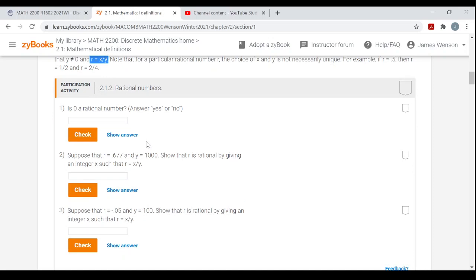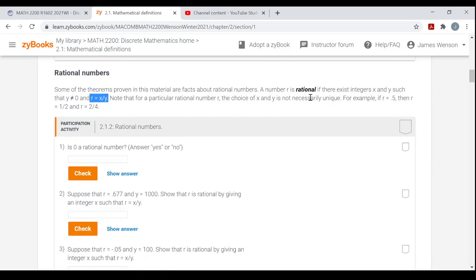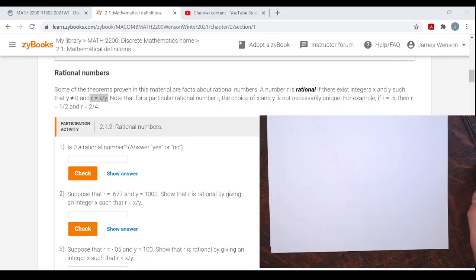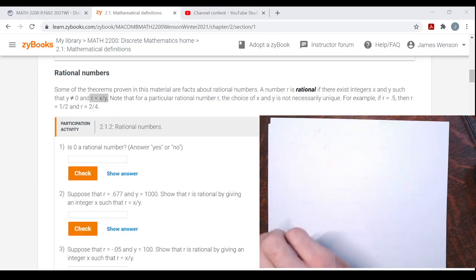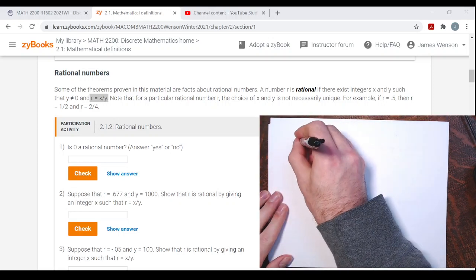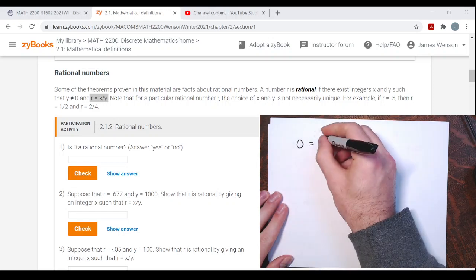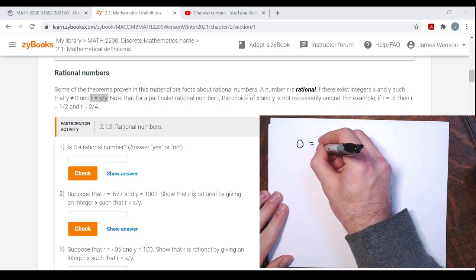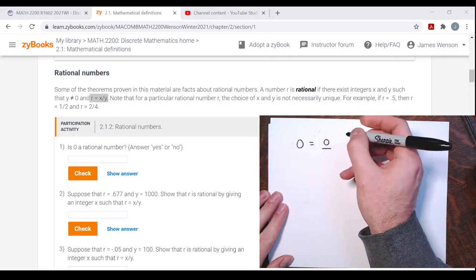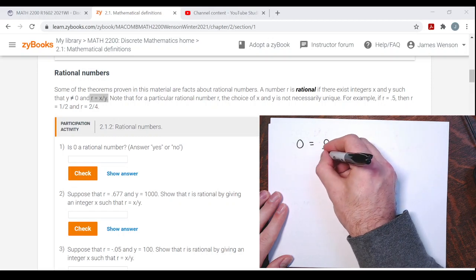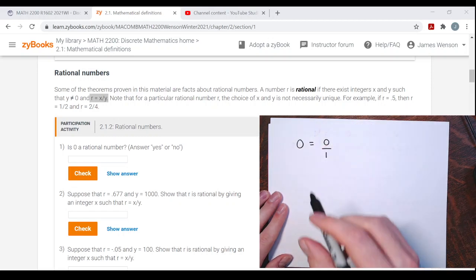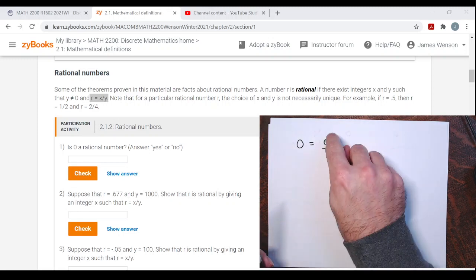So now the questions related to this. Is 0 a rational number? Does it satisfy this definition? So again, look at the number 0. Can't I express 0 as 0 divided by any non-zero number I want, like 1? 0 divided by 1, there's the x and the y.